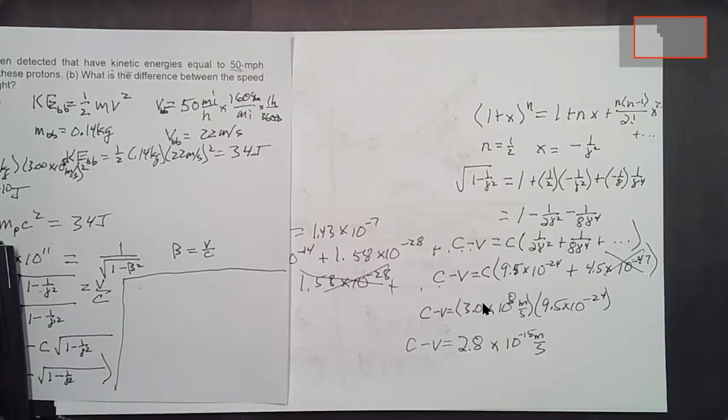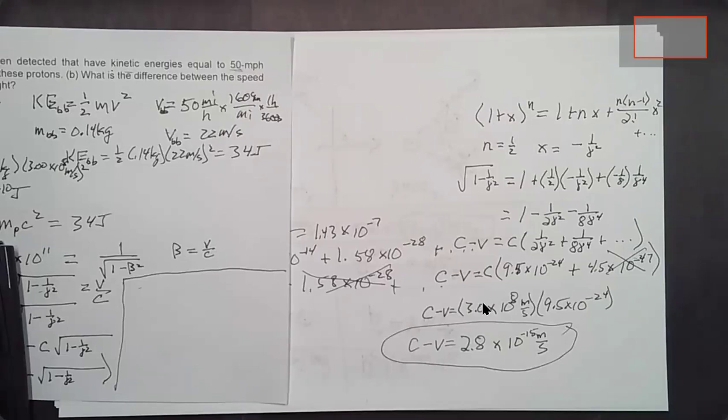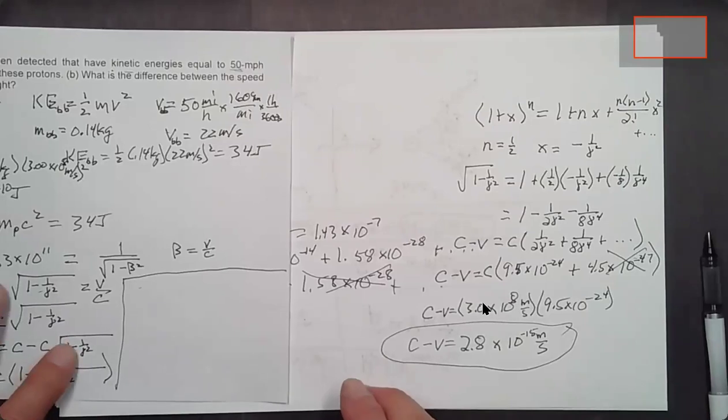So for practical purposes, this cosmic ray proton is going at the speed of light, because that's the difference between its speed and the speed of light. So it's just crazy fast and very high energy.